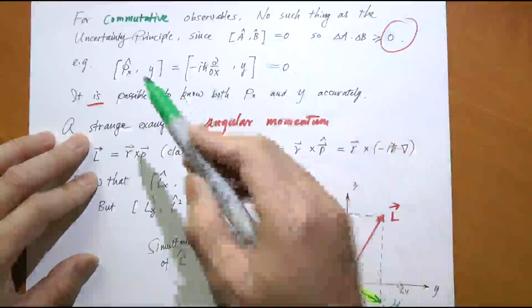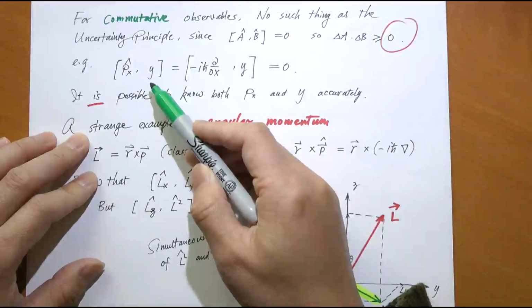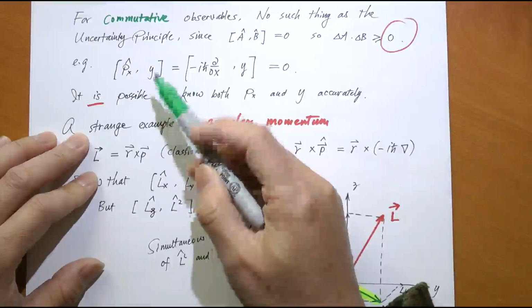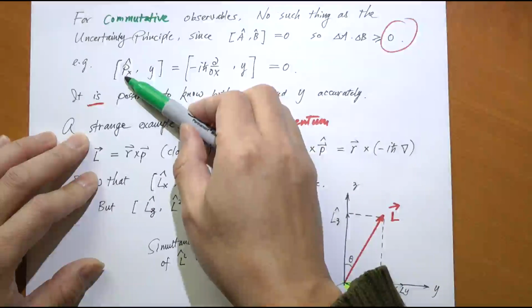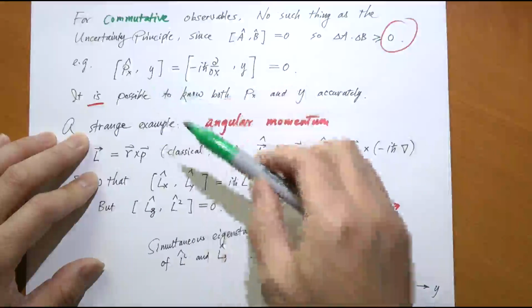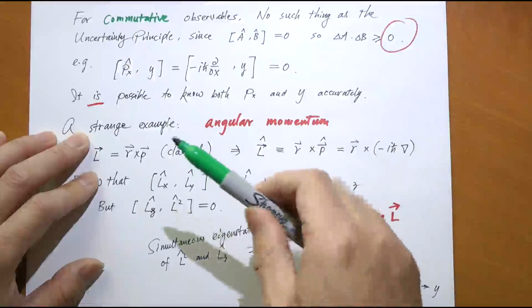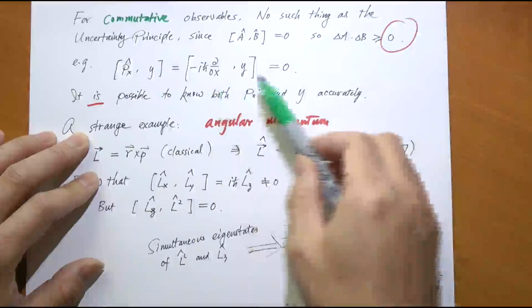For example, instead of Px and X, I observe Px and Y. Is it possible for me to find both the momentum X component and the Y coordinate of the particle accurately at the same time? The answer is yes, because if you calculate the commutator between Px and Y, you're just going to get 0.